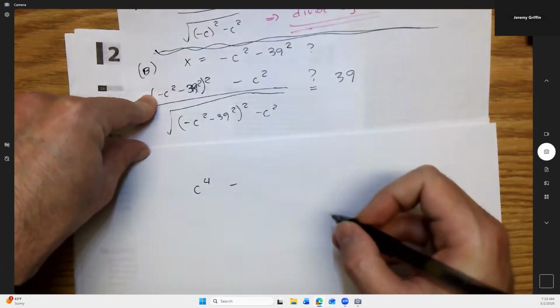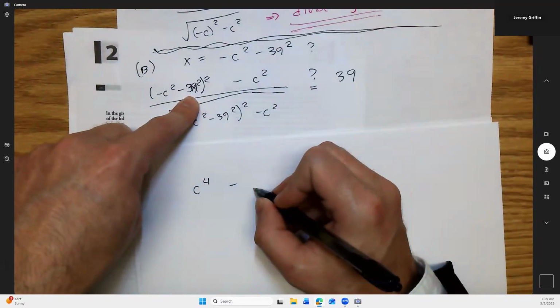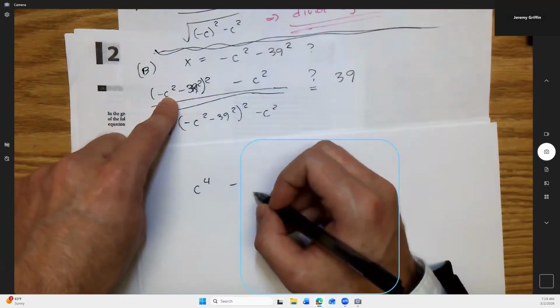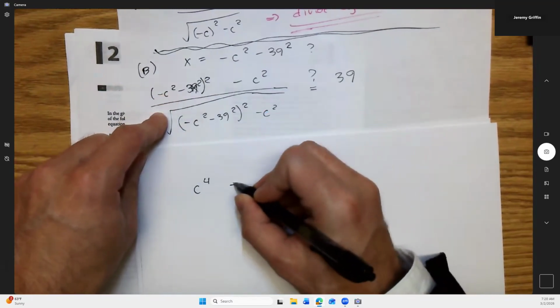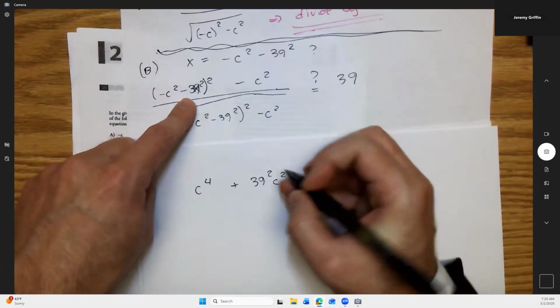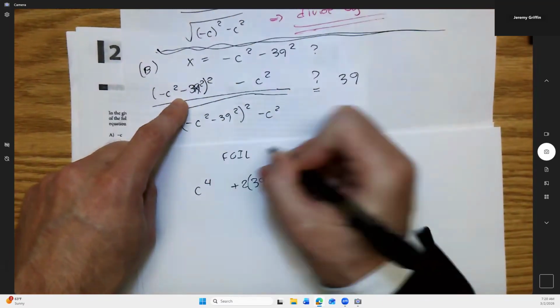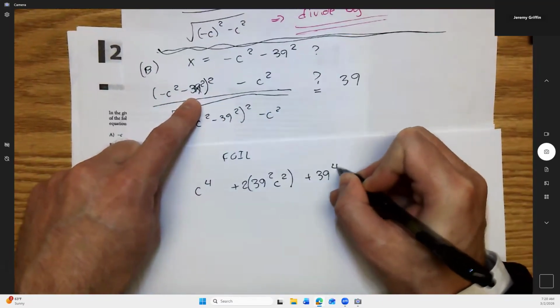And then, yikes, I'll just leave 39 squared as 39 squared. This whole thing is negative, but squaring is just positive anyway. 39 squared c squared, and then times 2, because I'm doing FOIL. And then plus 39 squared squared, that's 39 to the 4.